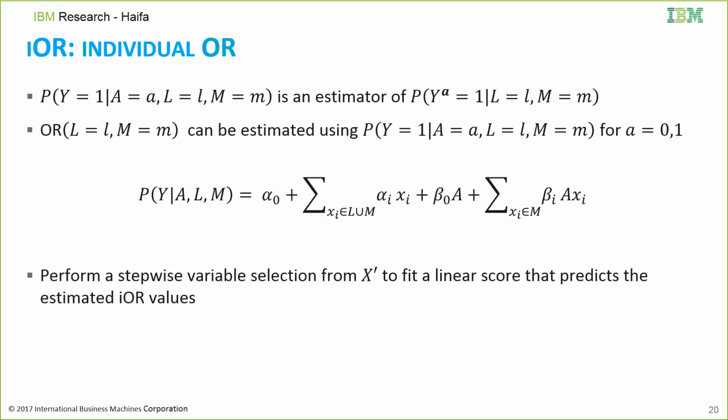Then you would like to approximate these odds ratios with a linear function that uses a limited set of covariates. So you have the individual odds ratio computed using standardization, and then you train another model to predict these odds ratios for each one of the individuals using a linear function of the limited set of covariates.